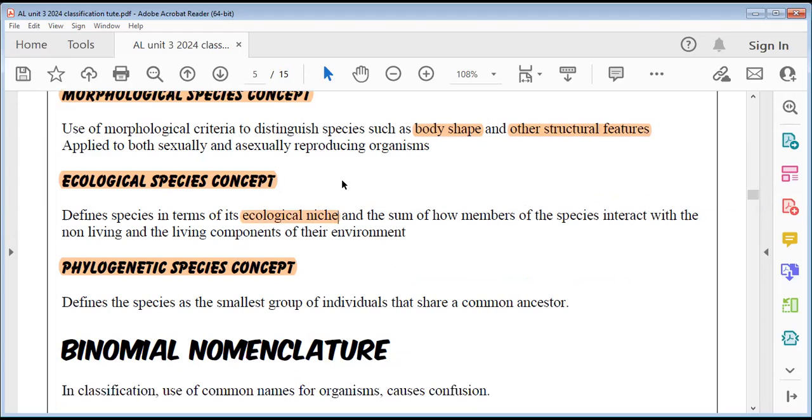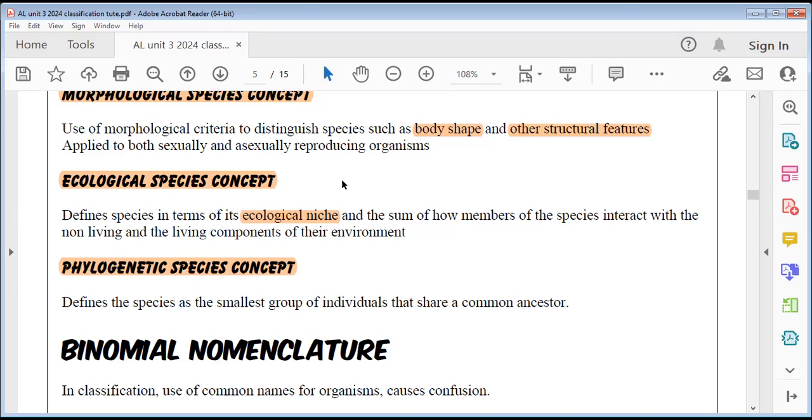Ecological niche means whatever the contribution of an organism in the environment, all of them come to a single ecological niche: what those things eat, where they live, what kind of lifestyle they carry on. Like this, many things are there for the ecological niche.